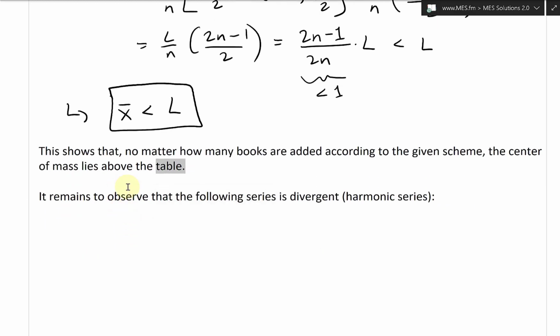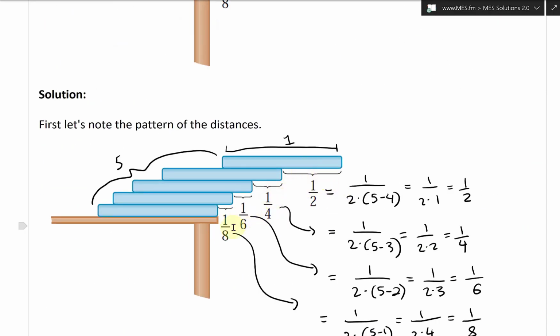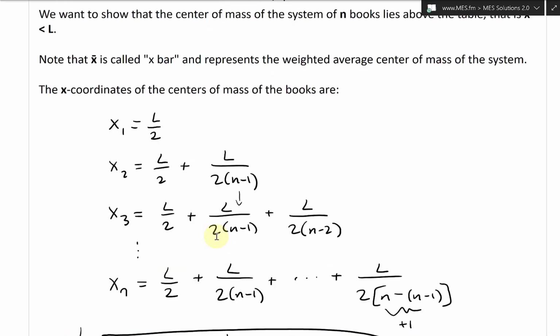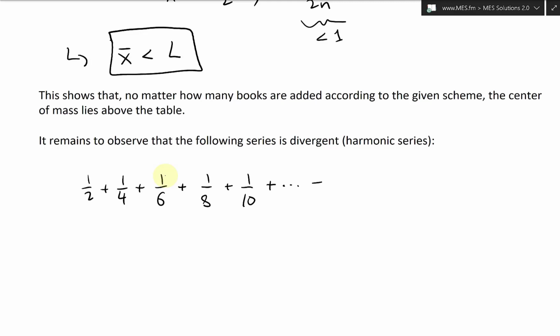So that's quite fascinating. It remains to observe that the following series is divergent. In other words, it's a harmonic series. So if we look at the distances here, this distance 1/2, 1/4, 1/6, 1/8, etc. So if we have 1/2 plus 1/4 plus 1/6 plus 1/8 plus 1/10 and so on, plus dot dot dot, all the way.